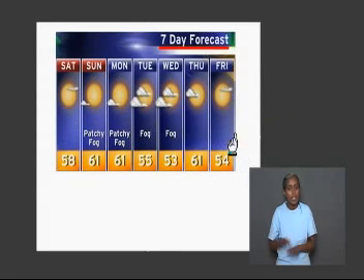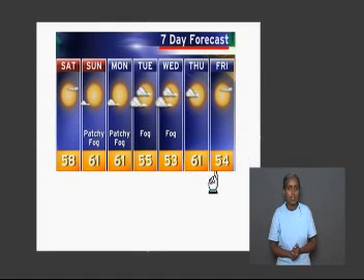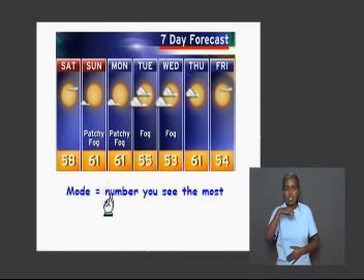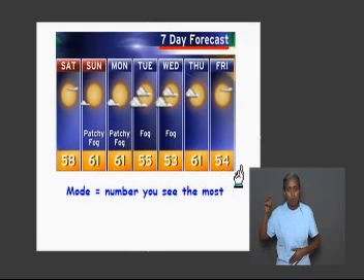Students, in this example, we see a 7-day weather forecast. The days are the frequency and the temperatures are the variate. An easy way to think of the mode is that it is the number you see the most.